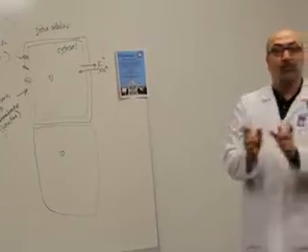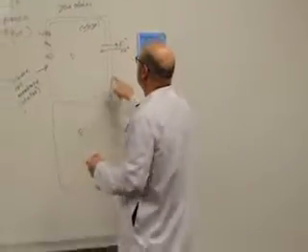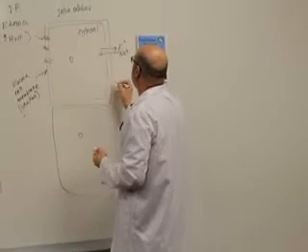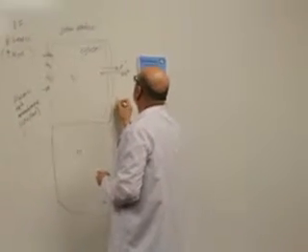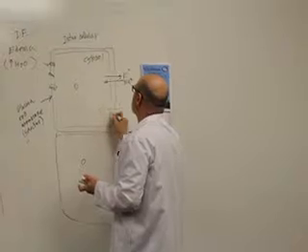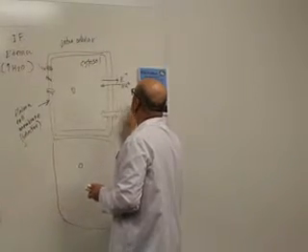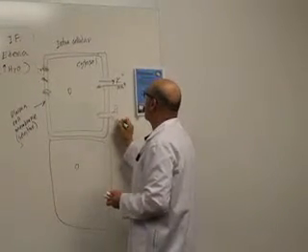So that's a co-transporter. Or you have another one where you have what's called chloride shift, for instance, okay? So chloride goes in and bicarbonate comes out.